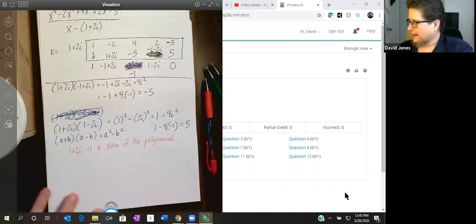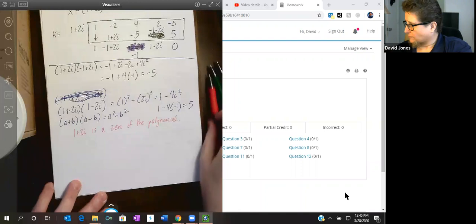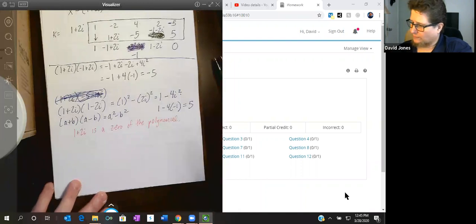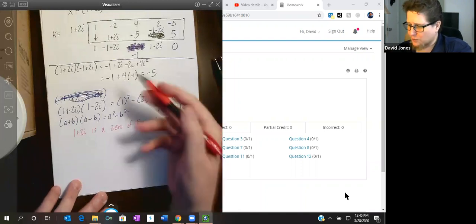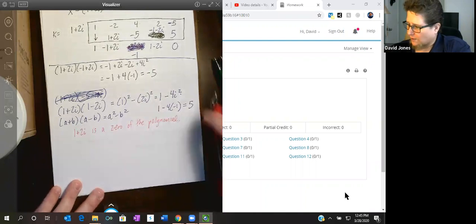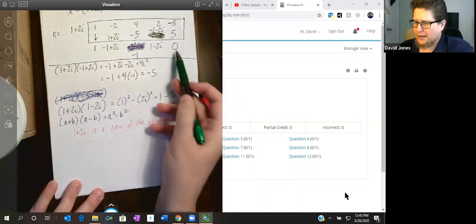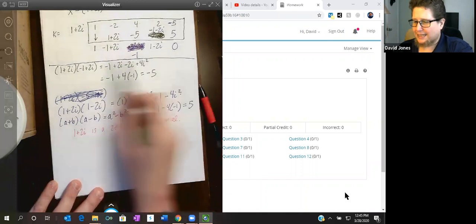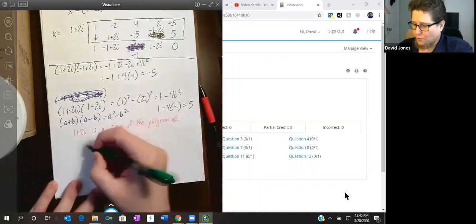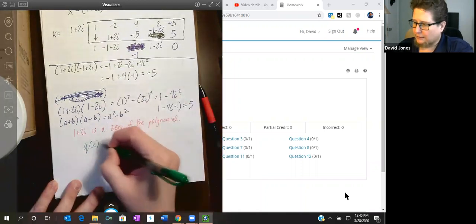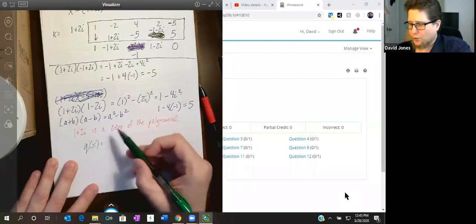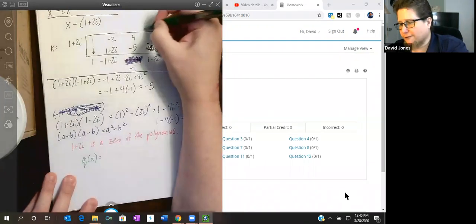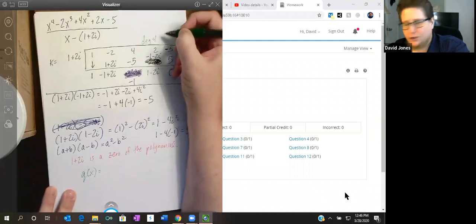Now, interestingly enough, what's my remainder? Well, my remainder is 0. What's my quotient? It's these values. So q of x, my result, has a degree 1 lower. The degree of 4 goes down to a degree of 3.